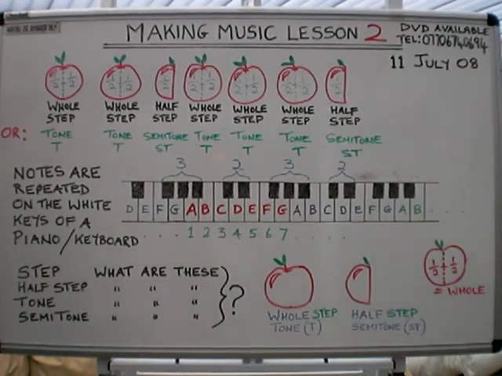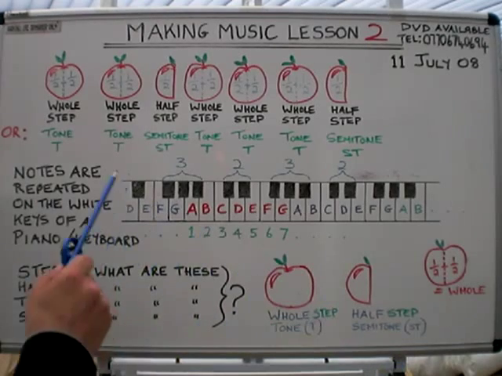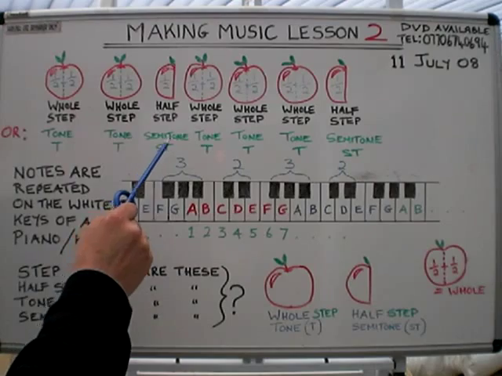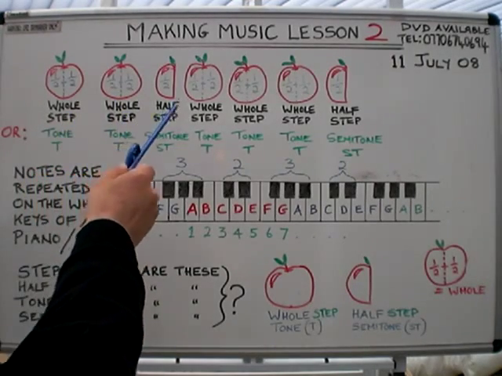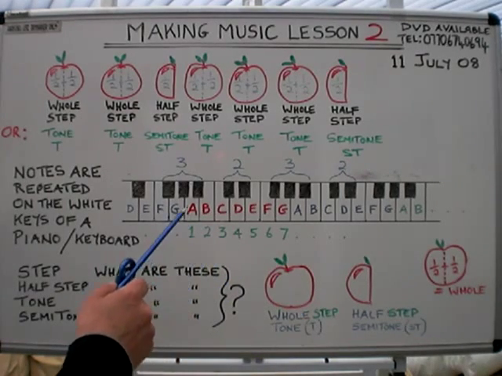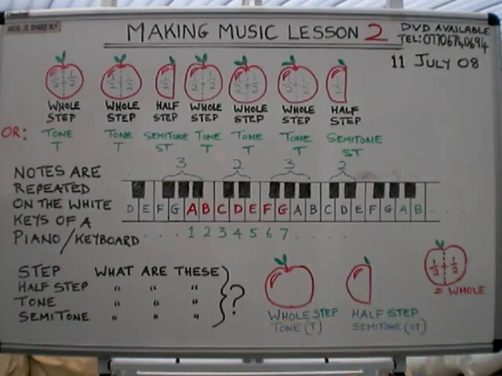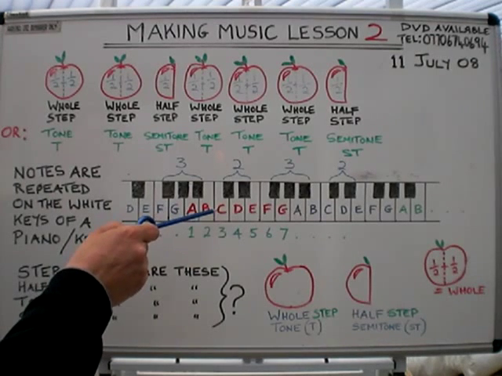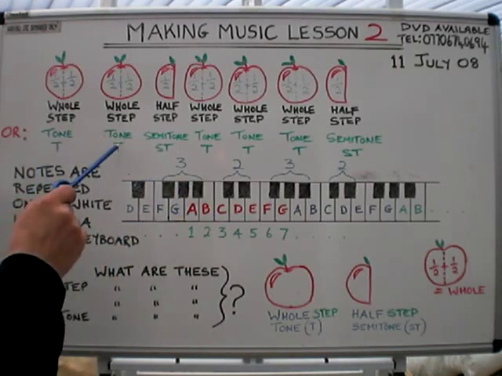Now I'm going to repeat it over and over again, and I'm generally going to start talking about tones and semitones rather than whole step and half steps. I think we've probably covered that enough without it becoming boring. Well, just a little recap. We'll pick at random. We'll start here, and I want to walk a whole step or a tone.